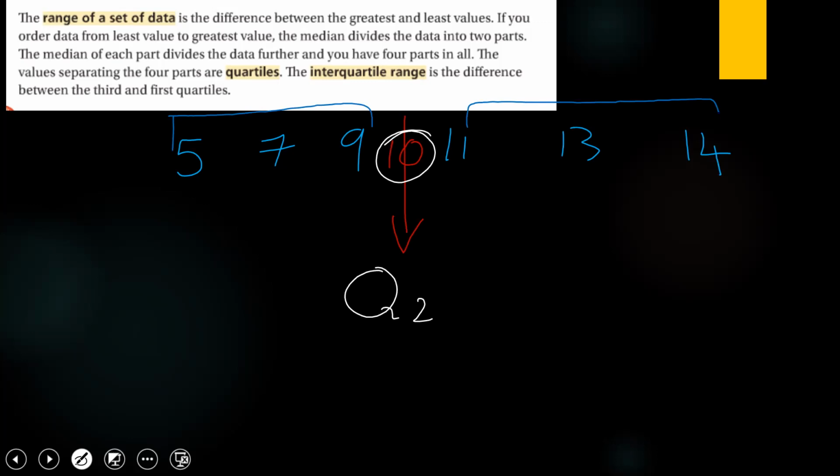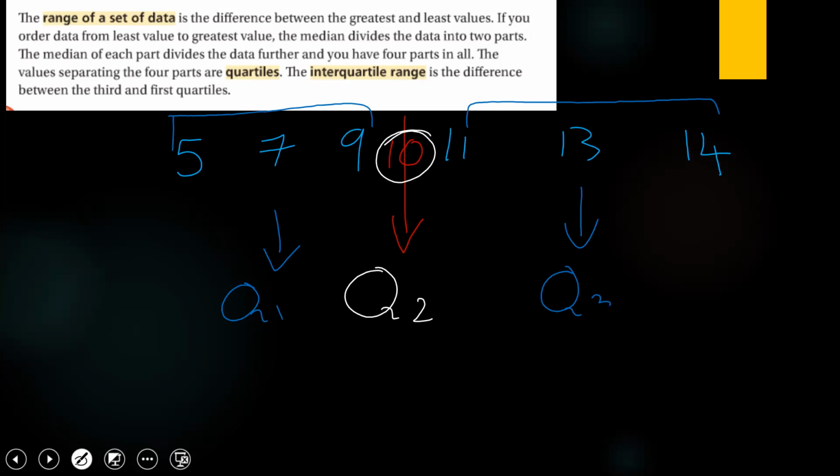It is 7. This 7, which is the median, we called it Q1. And look at the last one here, 11, 13, and 14. Where's the median? 13. Yes, 13. So this we call Q3.